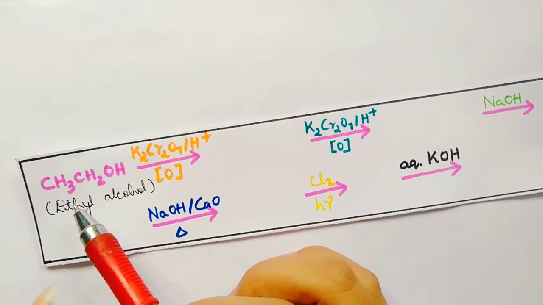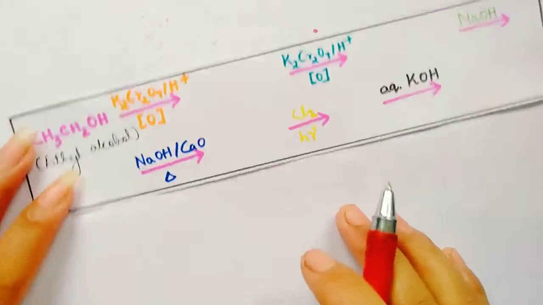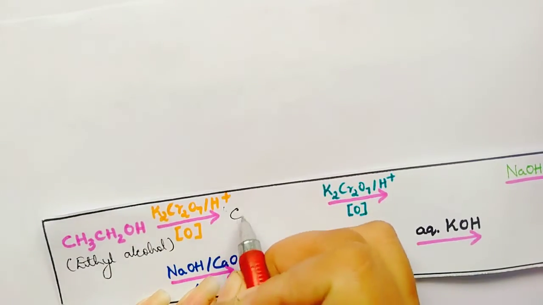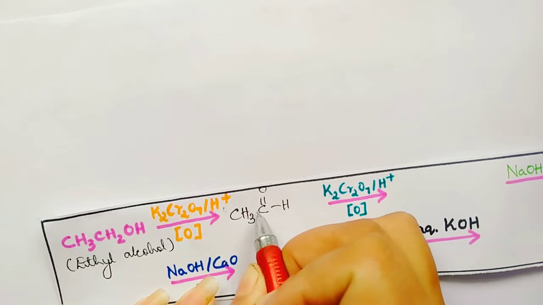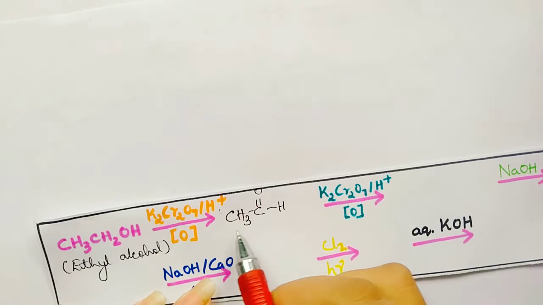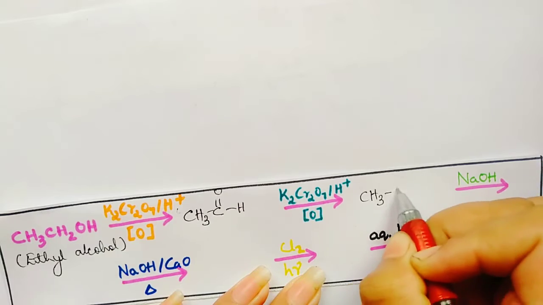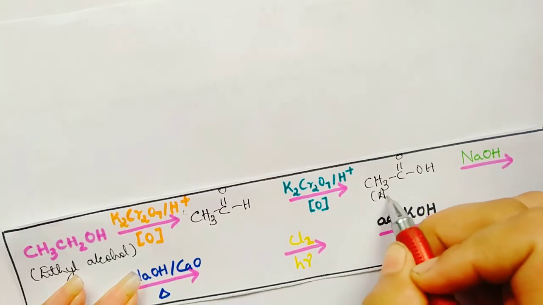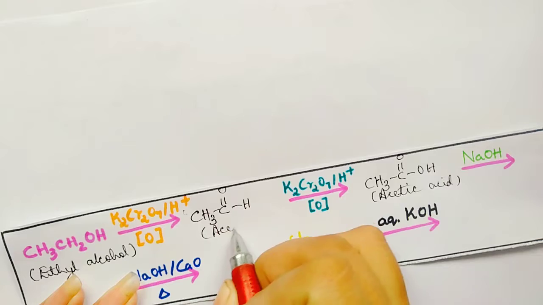So a primary alcohol is oxidized to an aldehyde, CH3, CHO. Again, the aldehyde is oxidized to a carboxylic acid. Here we have a carboxylic acid, which is acetic acid. This is your acetaldehyde.